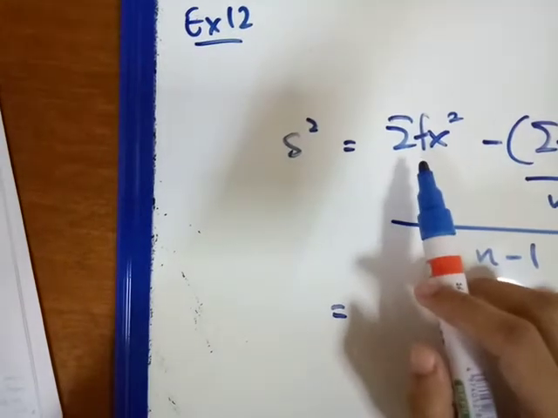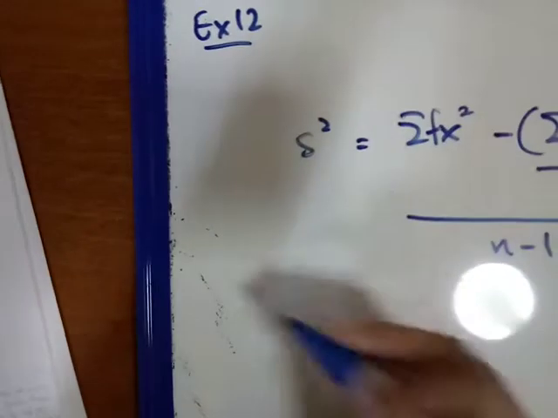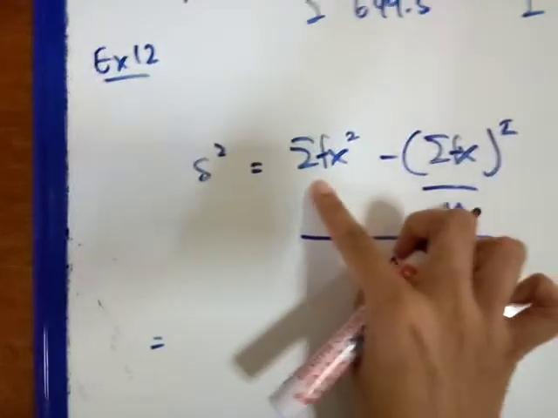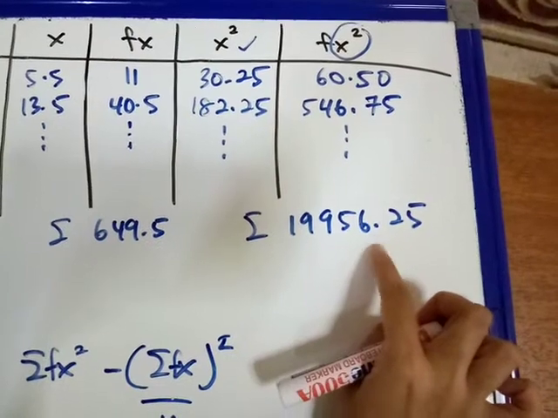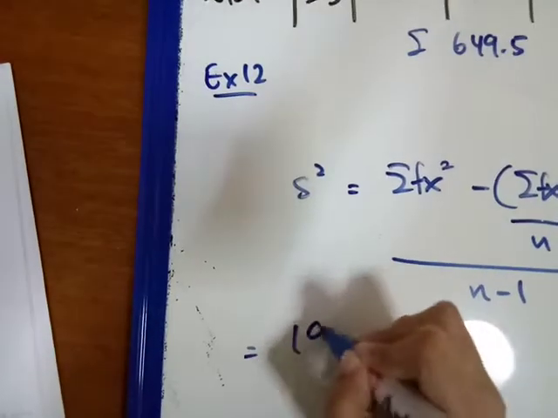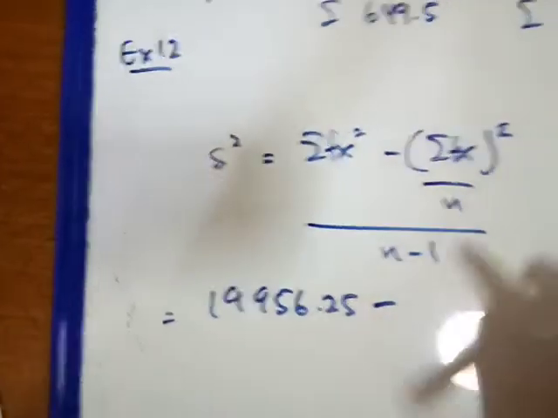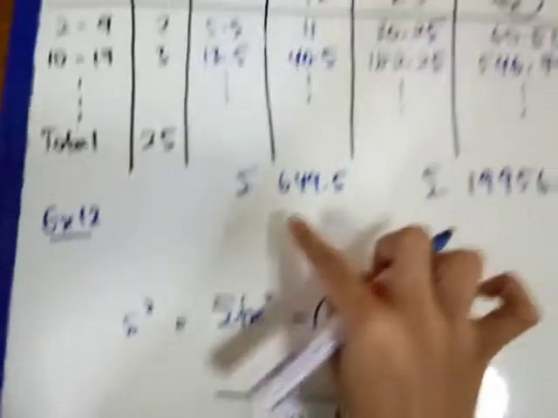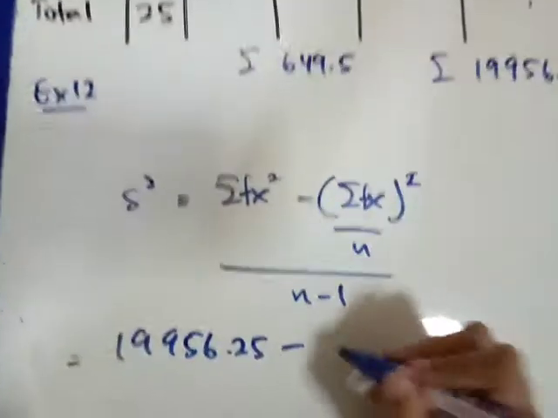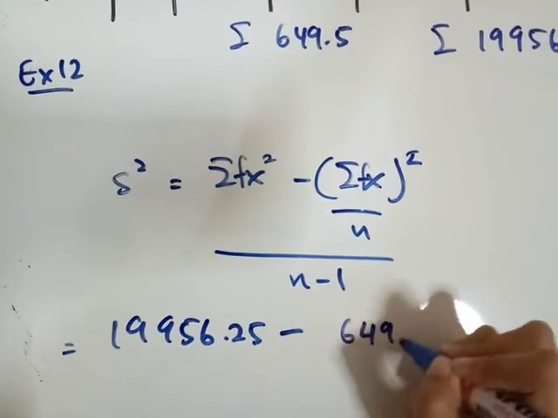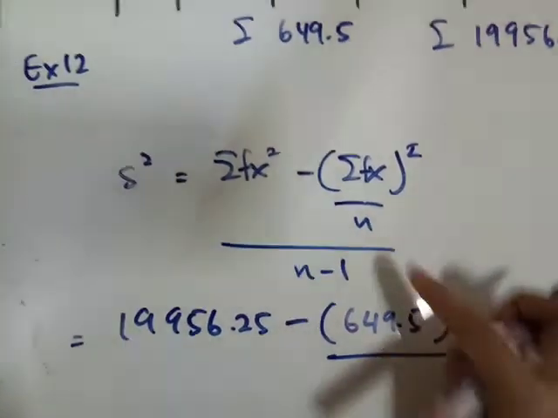So here, total fx square, which is 19956.25, minus total fx, which is 649.5, squared, divided by n.